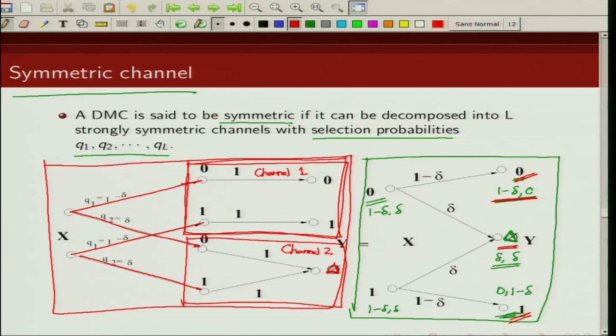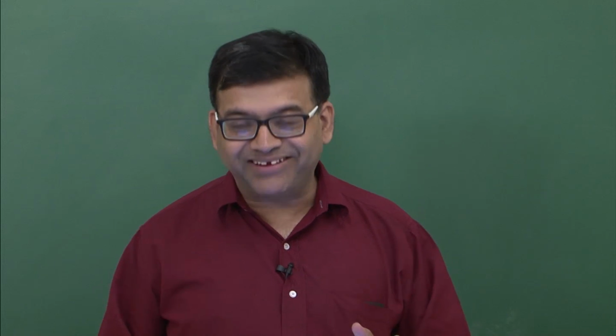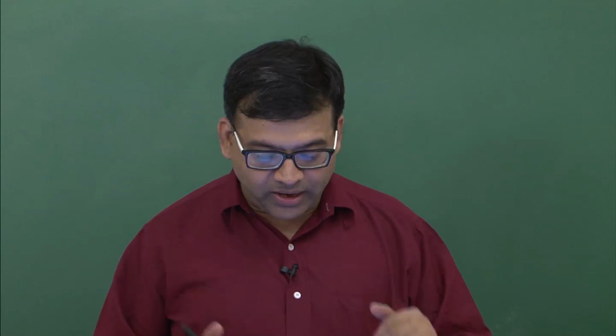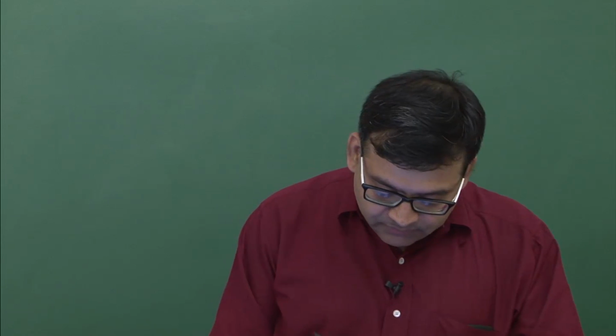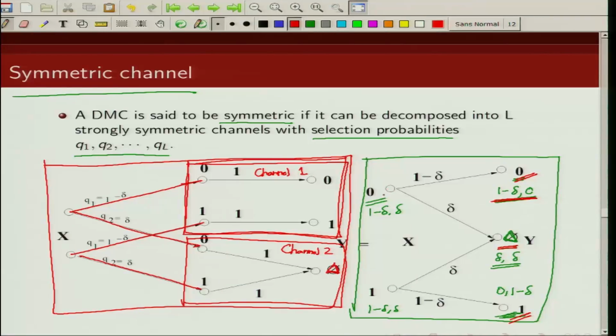Now note that these two channels are exactly equivalent. Why? Look at the transition probability from this input to this output. This is 1 minus delta, which is 1 minus delta into 1. Now look at the transition probability from 0 to this particular output, that is delta, so this is delta into 1.